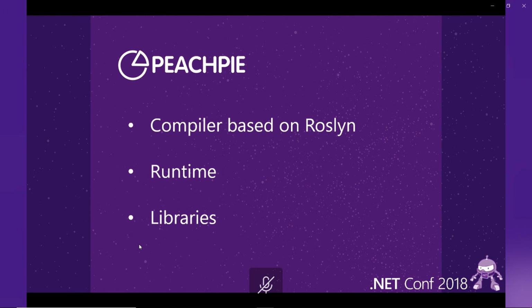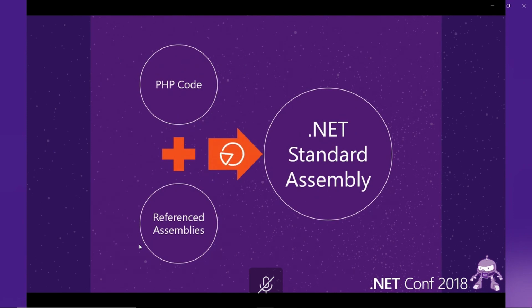There is an entire runtime that supports the compiled PHP programs. And there are also a bunch of libraries that simulate or re-implement all the PHP stuff, like all the PHP extensions and so on.